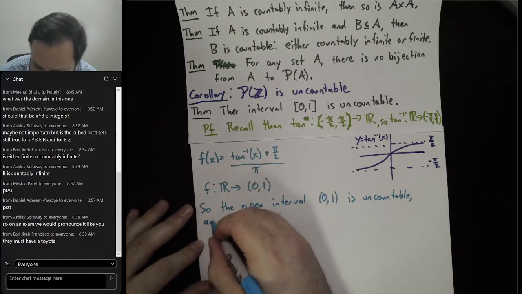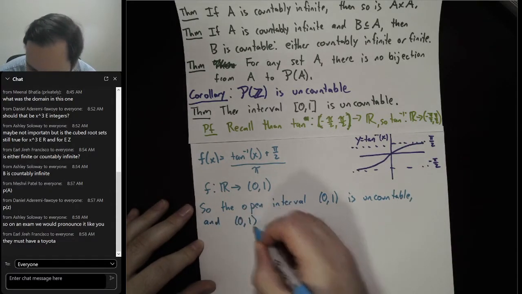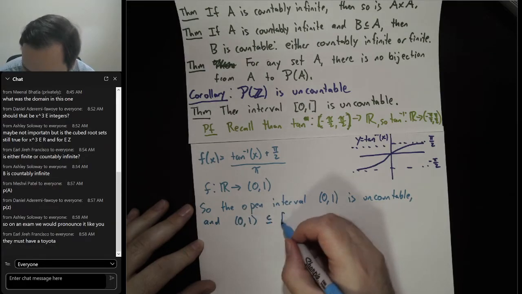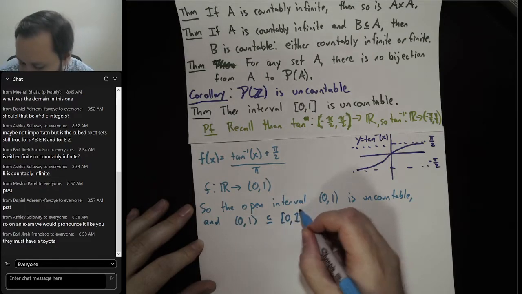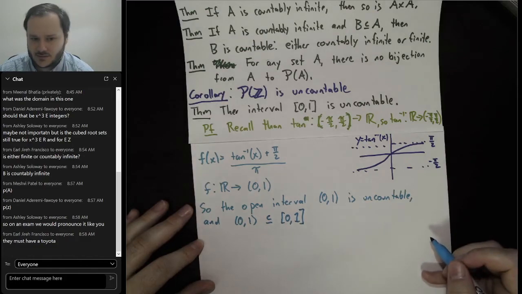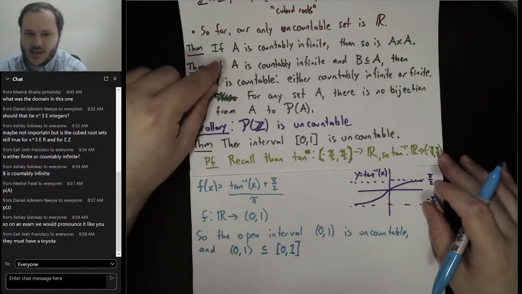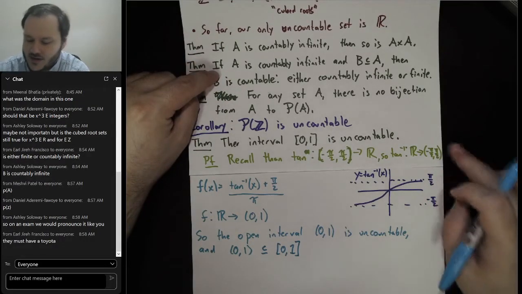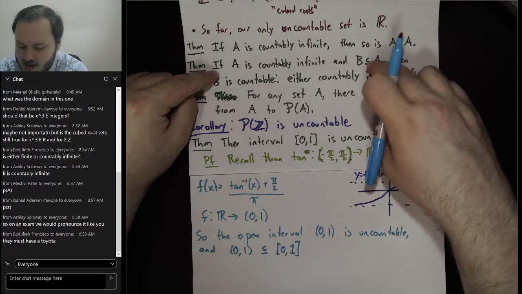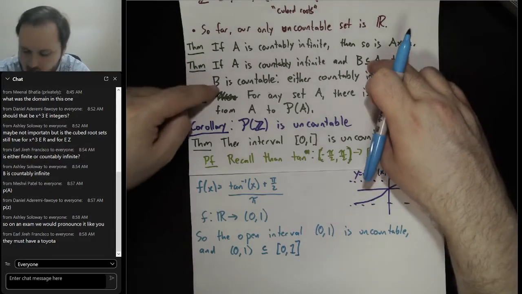And the open interval from 0 to 1 is a subset of the closed interval from 0 to 1. And remember, we have this theorem that says if you're countably infinite and you take a subset, that subset can't be uncountable.